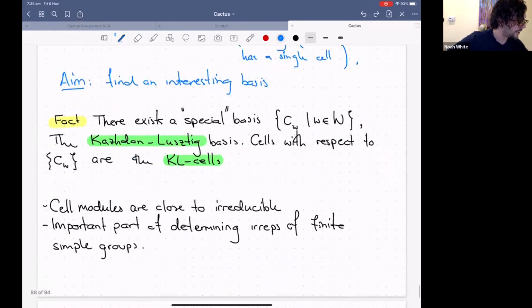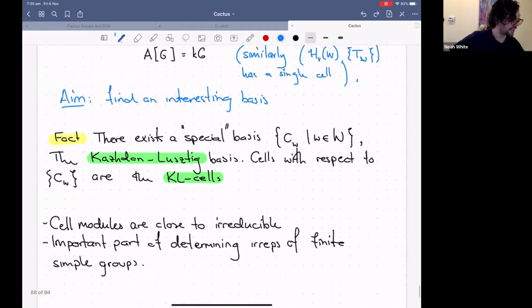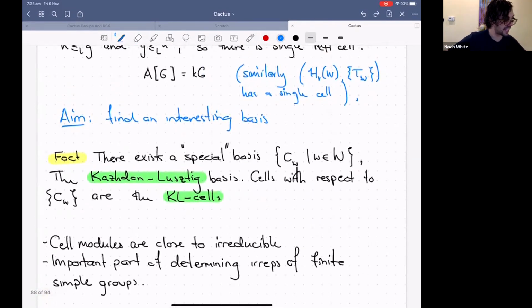All right. So I should say that for the Kazhdan-Lusztig basis, one small reason to think that it's interesting, there are many reasons, is that the cell modules that it produces are in some sense close to irreducible. There are lots of cells in a given Coxeter group. And why is this even an important problem?